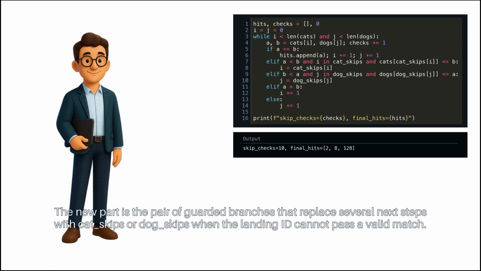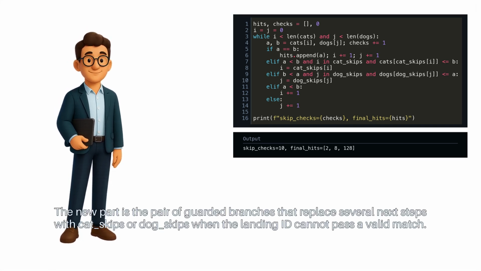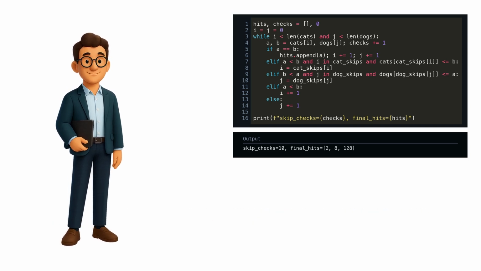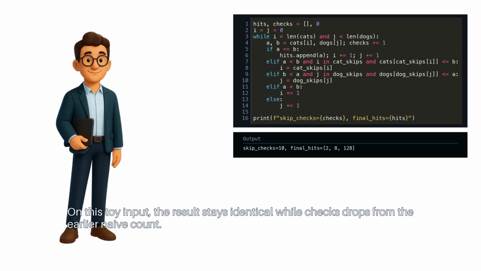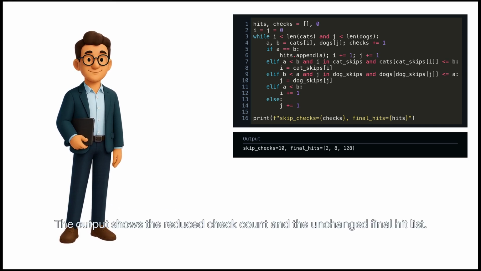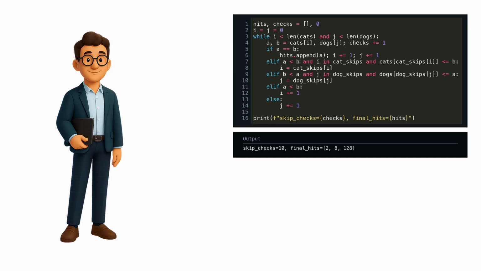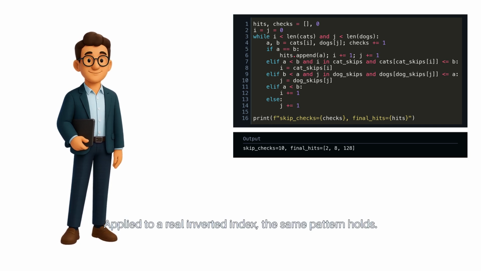The new part is the pair of guarded branches that replace several next steps with cat skips or dog skips when the landing ID cannot pass a valid match. On this toy input, the result stays identical, while checks drops from the earlier naive count. The output shows the reduced check count and the unchanged final hit list.